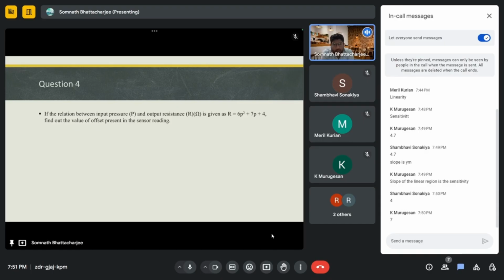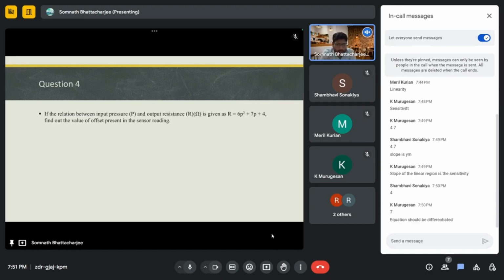Are others getting these things or not? Apart from Sonakia and Murugation.